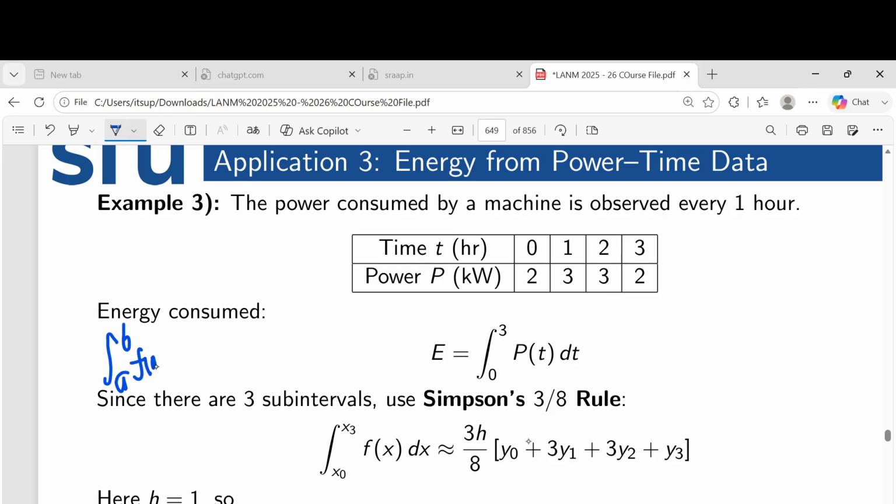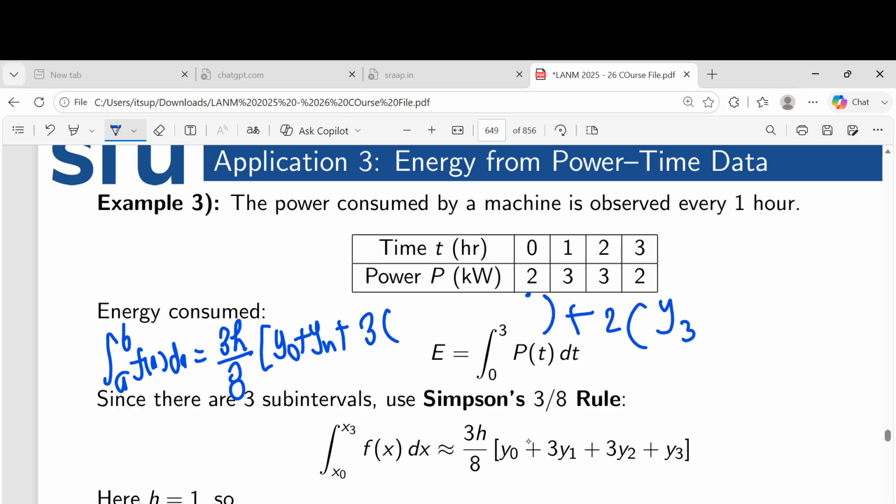Integral a to b f(x) dx is equal to 3h by 8 times y0 plus yn plus 2 times (y3 plus y6 plus y9 and so on) plus 3 times (y1 plus y2 plus y4 and so on). So this is the formula.